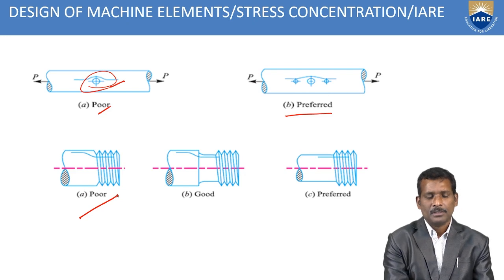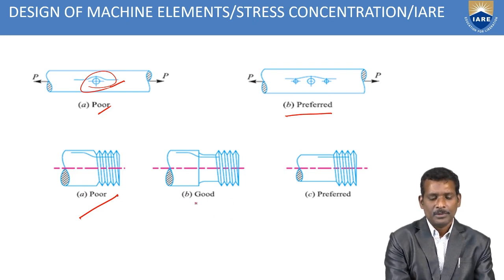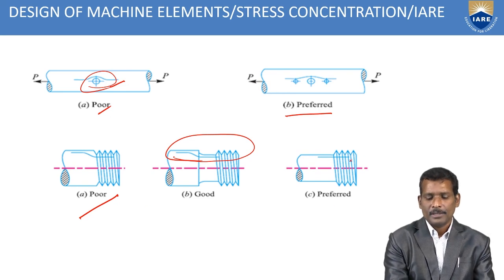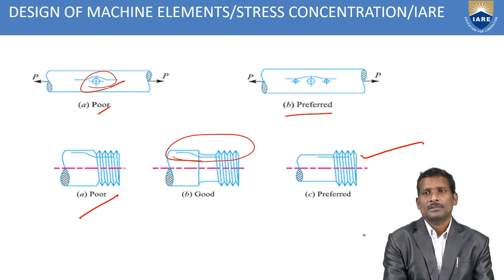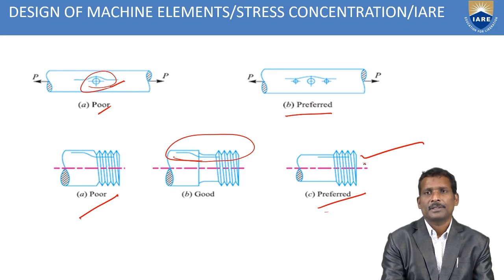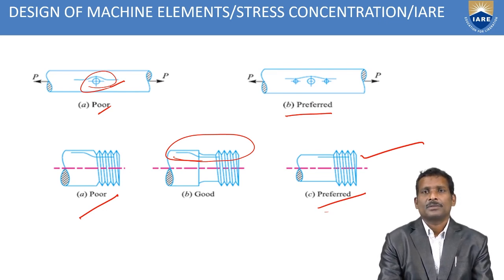And in a shoulder in a threaded portion, this one is very poor, this is somewhat better, and this one is preferred. This is a uniform state. Clear? This is not uniform, this is somewhat better, and the preferred one is this, where the flow line is not in a bent condition. Clear? So like this, we can reduce the stress concentration in a machine component to avoid failures.